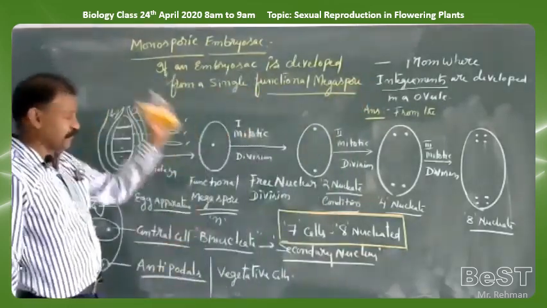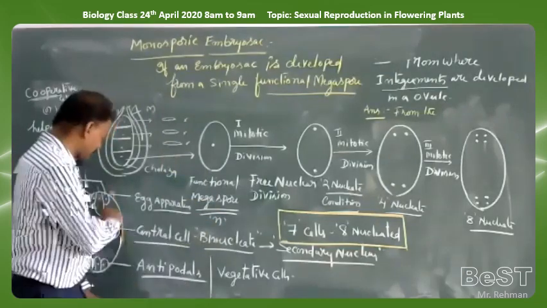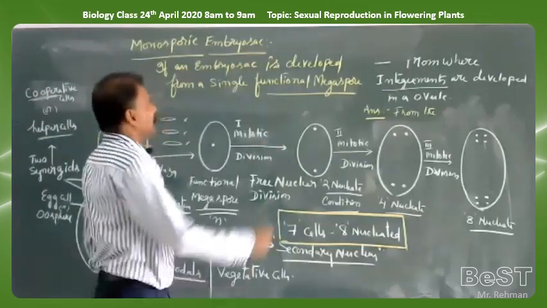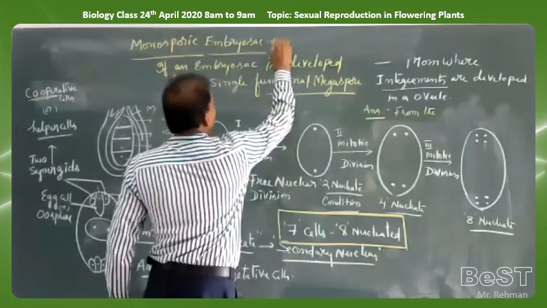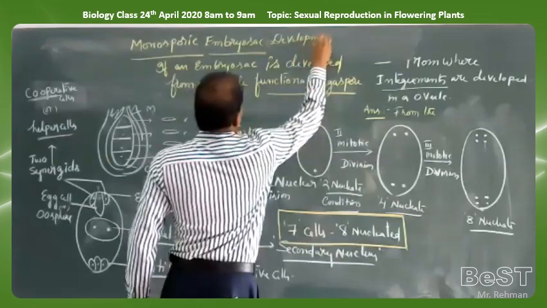If any embryo sac develops from a single functional megaspore, such embryo sac is called monosporic embryo sac development.